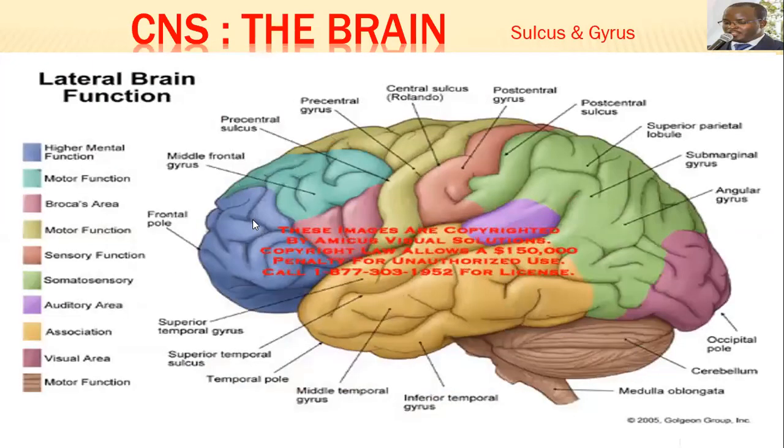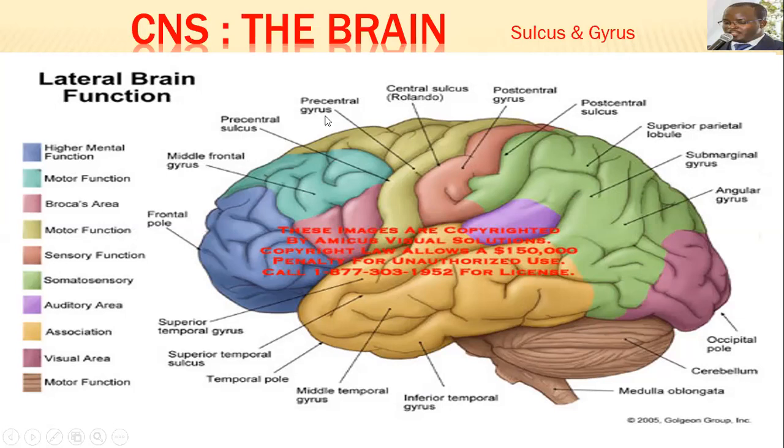So you can see that the cerebral hemispheres are separated into sulci and gyri. You have the central sulcus here, which is called the sulcus of Rolando. This sulcus of Rolando separates the postcentral gyrus from the precentral gyrus.